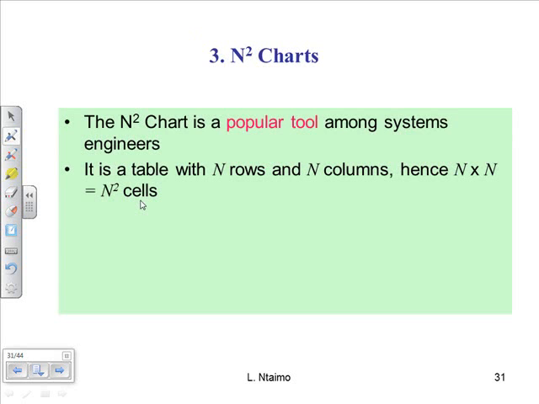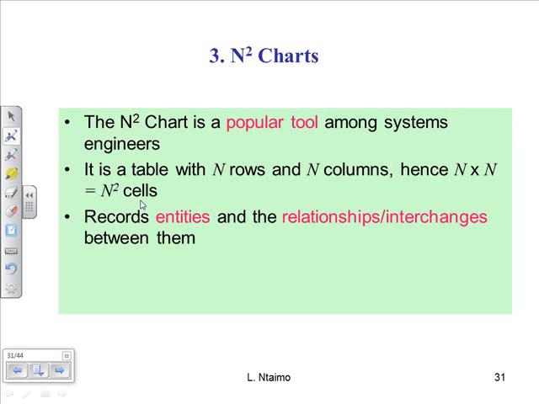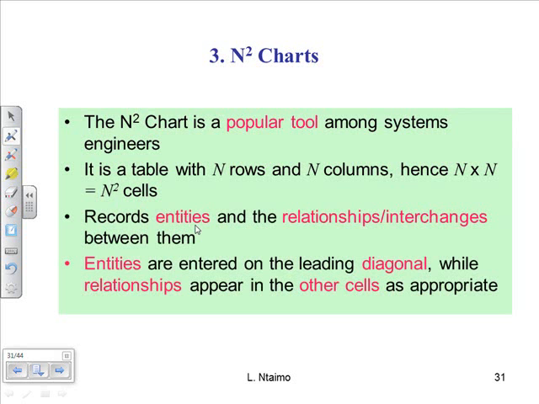It's a table with n rows and n columns. That's why it's called n-squared. It's n by n. And what it does is it allows you to record entities and the relationships, or the interchanges, between the entities. Usually we put the entities in the leading diagonal, and then we place the relationships in the other cells.